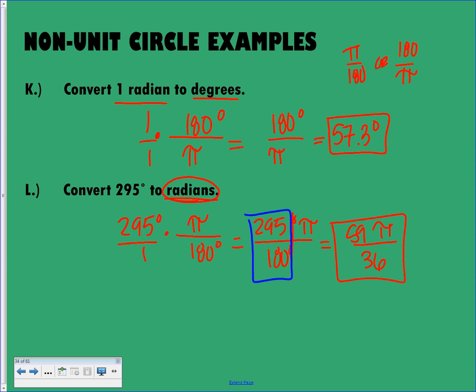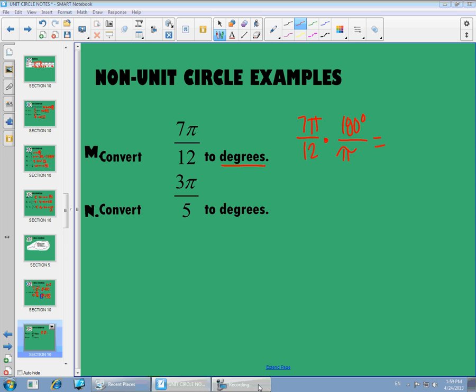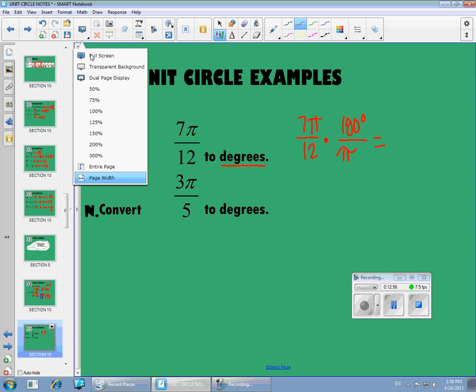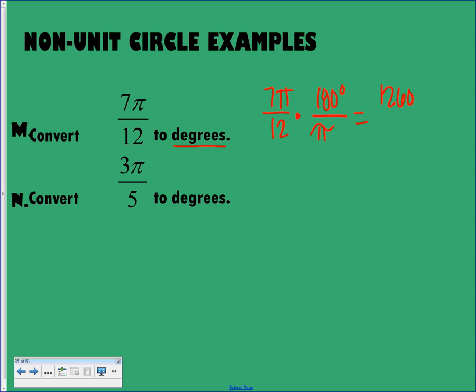Now we'll try going the other way. This time I have 7 pi over 12 and I want to go to degrees. Same thing: you take what you have and multiply by that conversion factor. If I'm going to degrees, this means 180 is going on top, over pi. Again, we multiply straight across. So 7 times 180 will give me 1260 pi degrees over 12 pi.